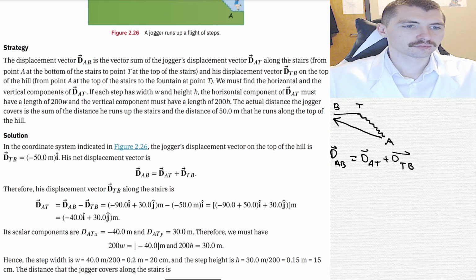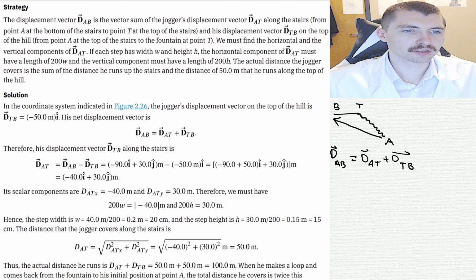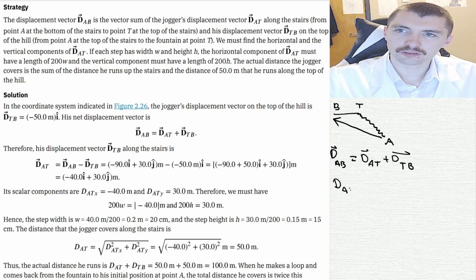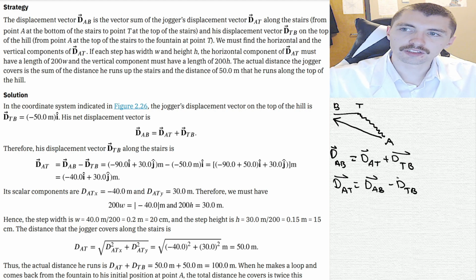Therefore, the displacement vector d_AT would be d_AB minus d_TB.